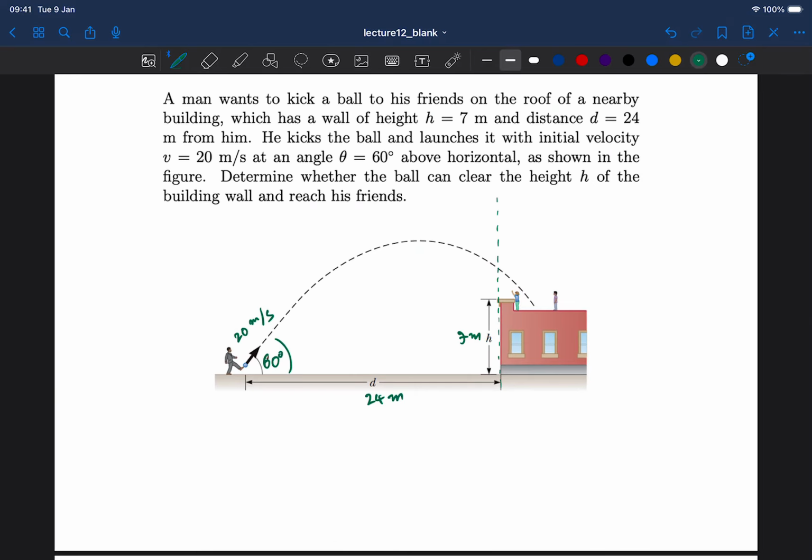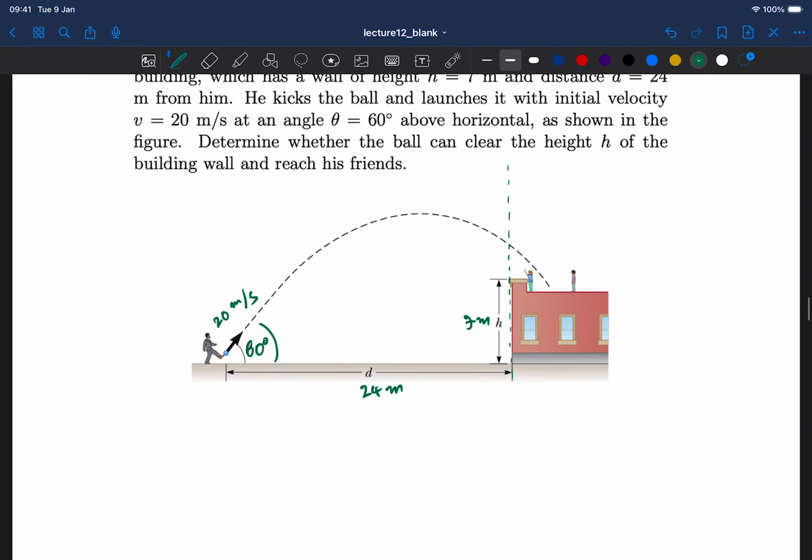So let's do that. The velocity is 20 meters per second for the magnitude and 60 degrees for the angle. That means I can write the horizontal and vertical components as v cosine 60 and v sine 60.